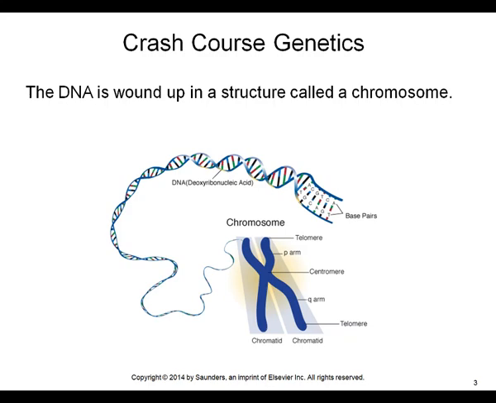DNA is a molecule. Remember that DNA is composed of nucleotides, and that there are 4 different kinds of nucleotides, A, C, G, and T, that you find in DNA. And all that DNA is wound up in those chromosomes. Don't worry about the telomere, P-arm, centromere, Q-arm, telomere. We don't have to know those terms.